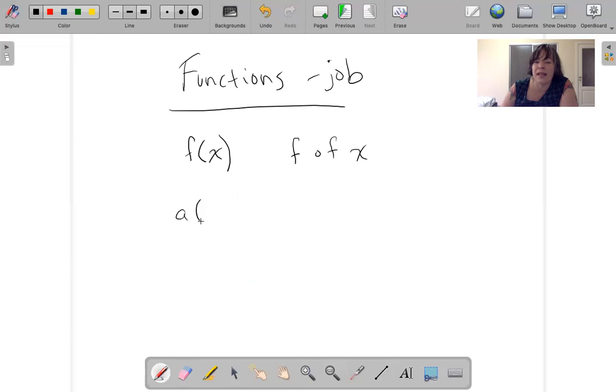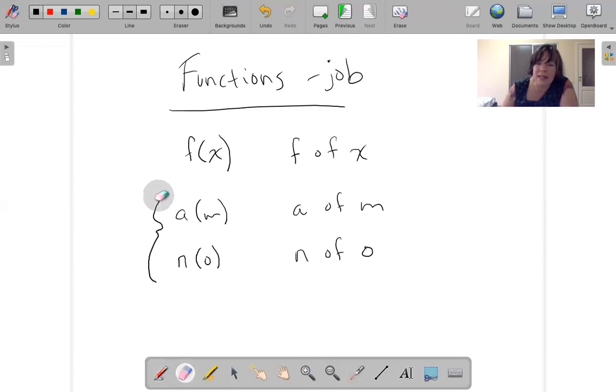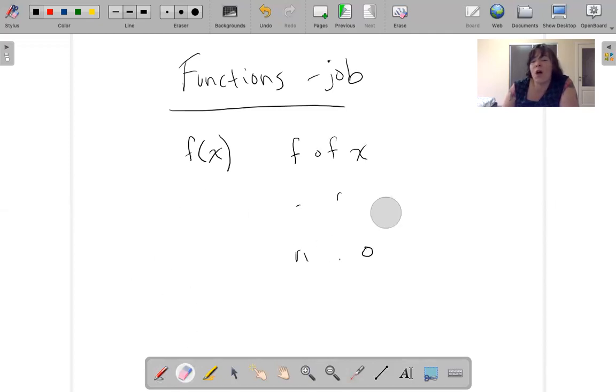If it looked like this, it would be a of n. If it looked like this, it would be n of o. So if you ever see functions that look like this, I don't want you to be overwhelmed, because almost always, a function looks like this, f of x.